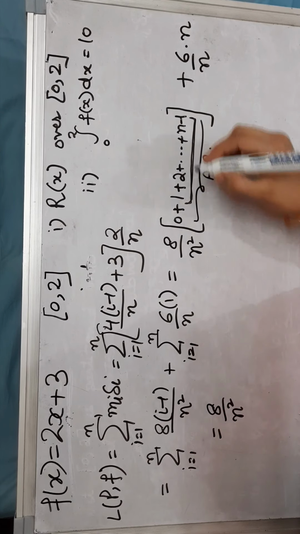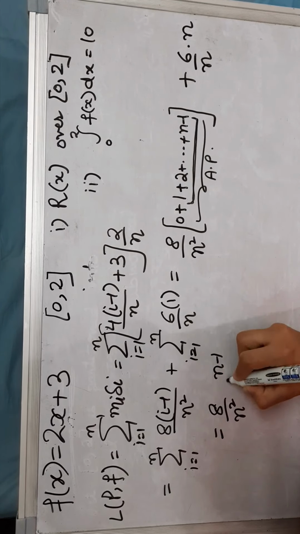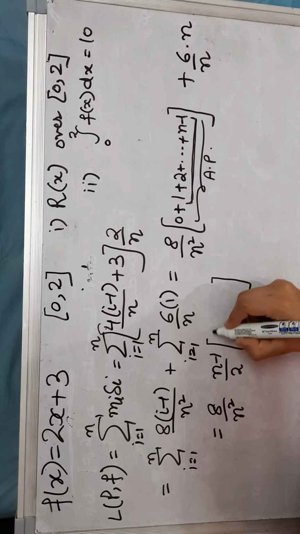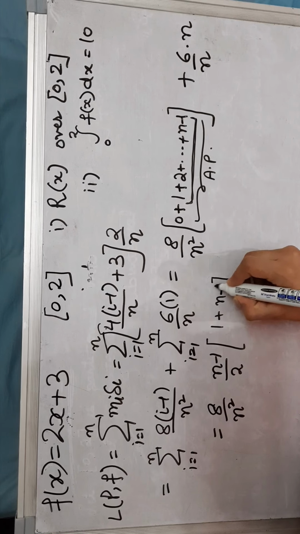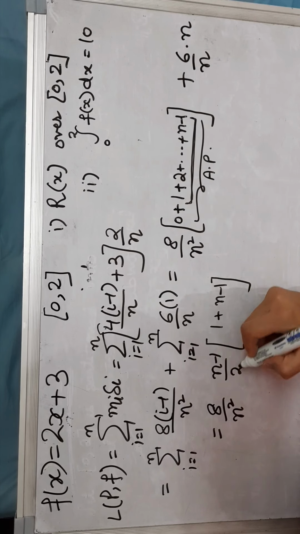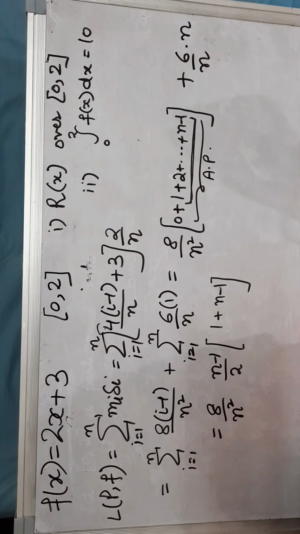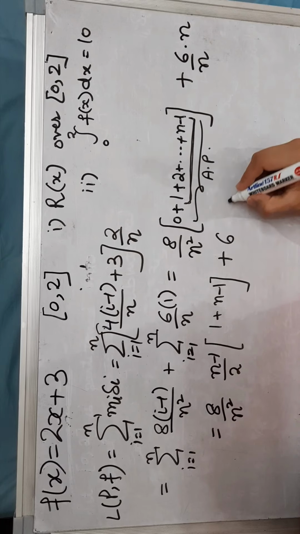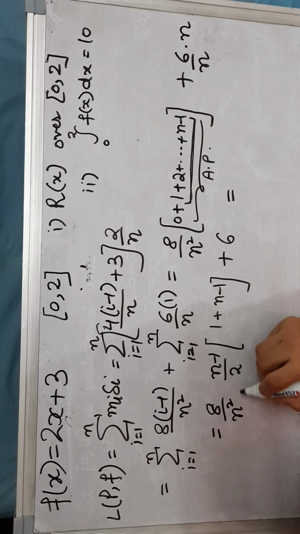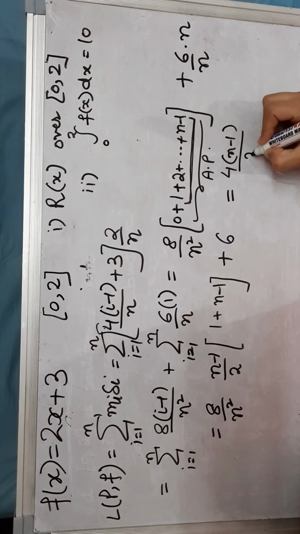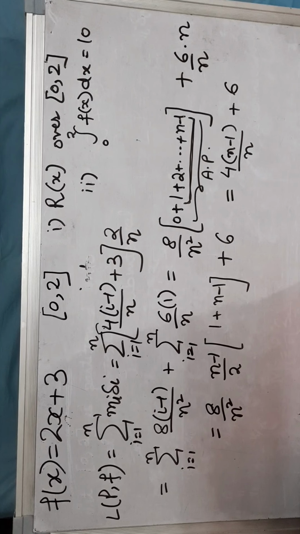So you get number of terms n minus 1 divided by 2 into first term plus last term, that is first term plus last term into n by 2. Number of terms is n minus 1. Plus this n cancels, you will get 6. So this is equal to, these are simple calculations, 4 into n minus 1 by n plus 6.